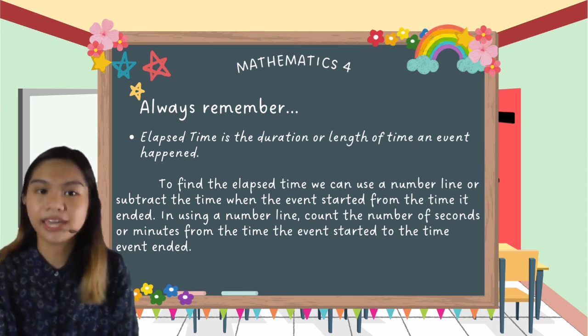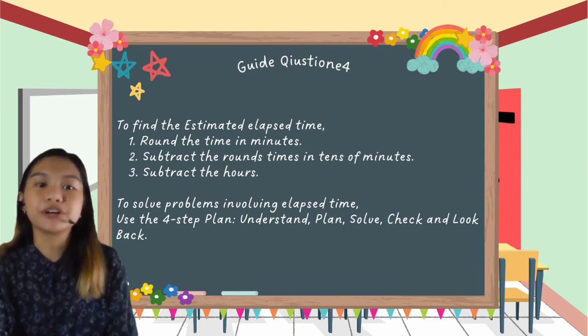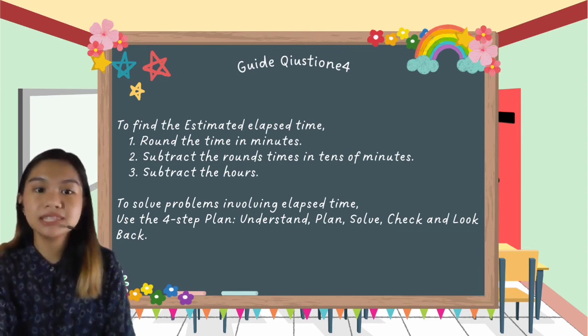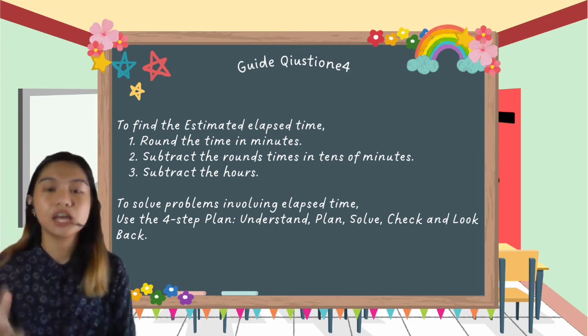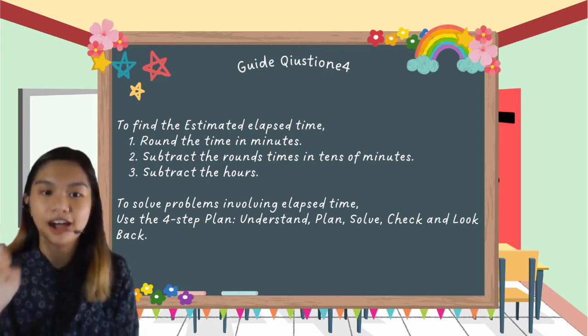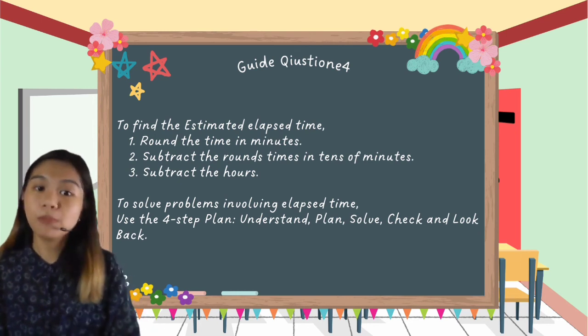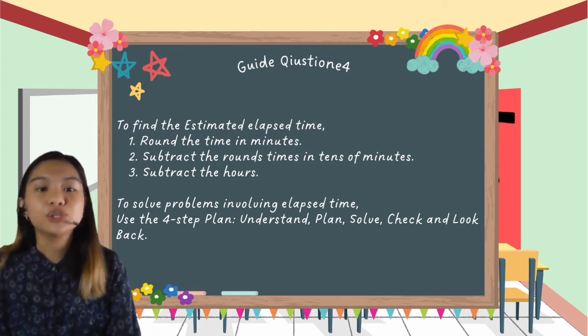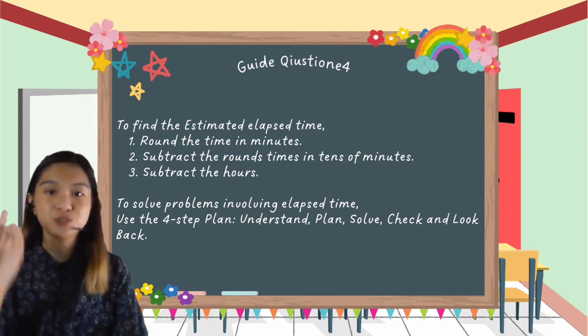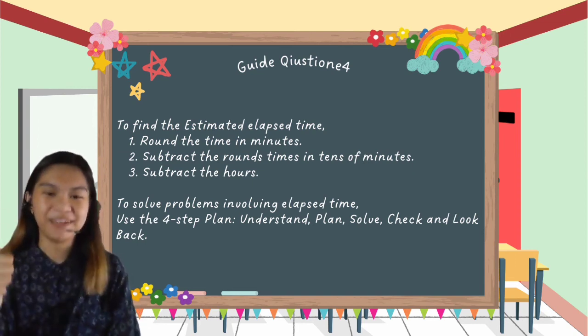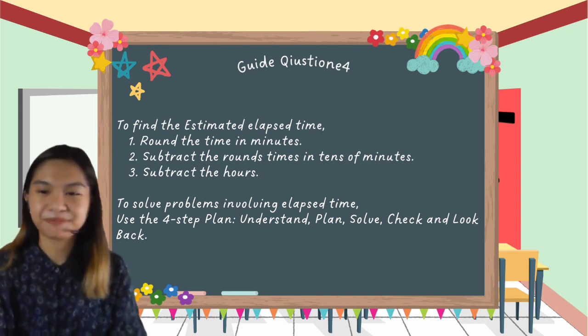And to find the estimated elapsed time, first is to round the time in minutes. Second, subtract the rounded times in tenths of minutes. Third, subtract the hours. And to solve the problems involving elapsed time, use the 4-step plan, which is the understand, plan, solve, check, and look back. Very good.